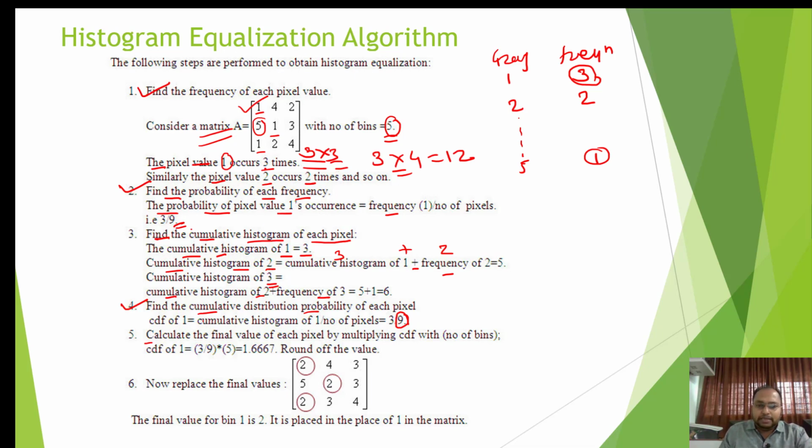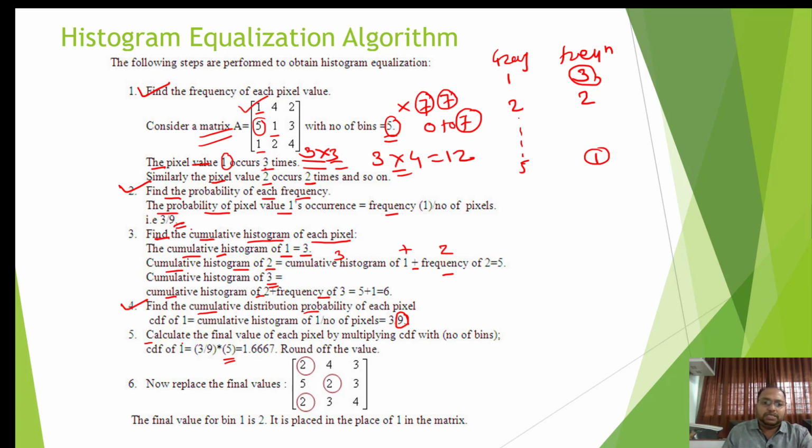Then after calculating the frequency, you need to multiply by the number of bins. Instead of multiplying by 8, we have to multiply by 7, because the maximum gray level intensity is 7, ranging from 0 to 7. So instead of 8, we need to multiply by 7.